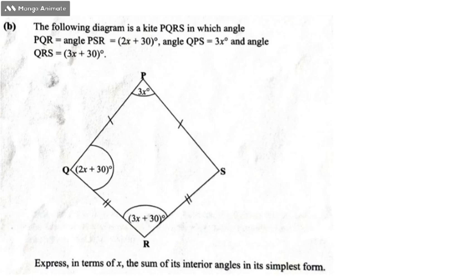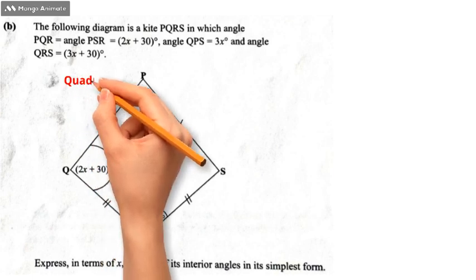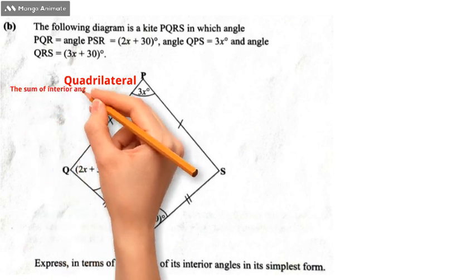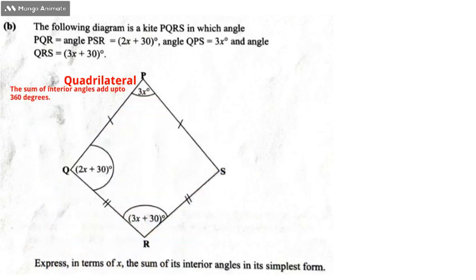We need to know the name of the polygon. As you can see, this is a quadrilateral. That means the sum of interior angles is equal to 360 degrees. That's a point we should be aware of.